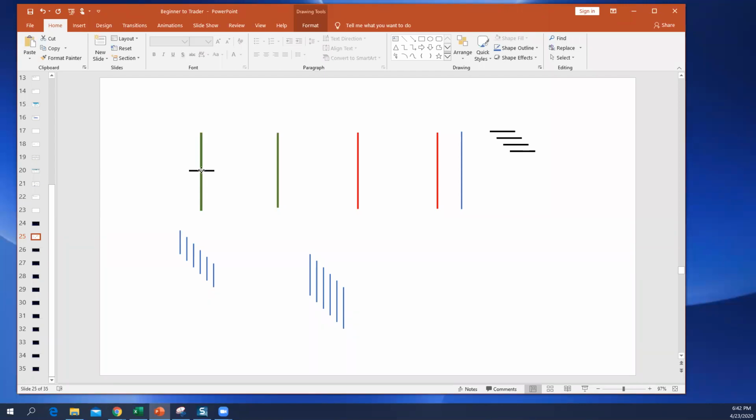However, you need to look at two more things. One is the position of the closing bar, because you can have a green bar, but if the bar closes near the bottom, that's actually a bad day because there was more selling. And then you can take a look at these volume bars down here.